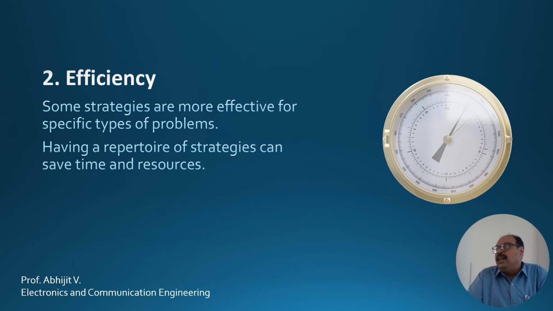Once we define a problem solving strategy, we need to know whether that strategy is adaptable to different kinds of situations. Number one. Second thing is that we should analyze how efficient that strategy is going to work in real time.